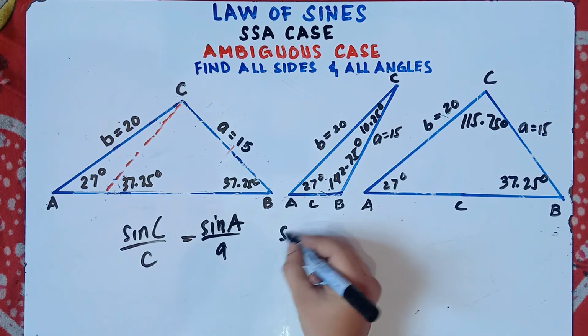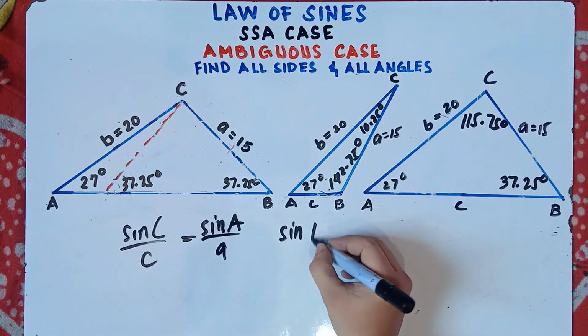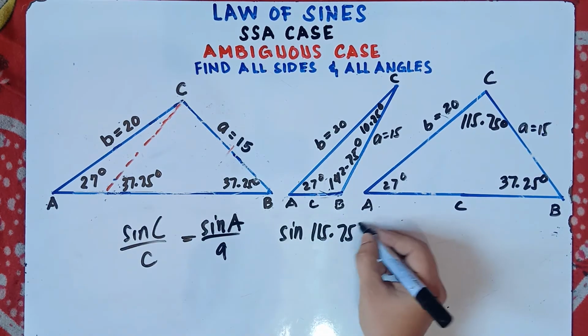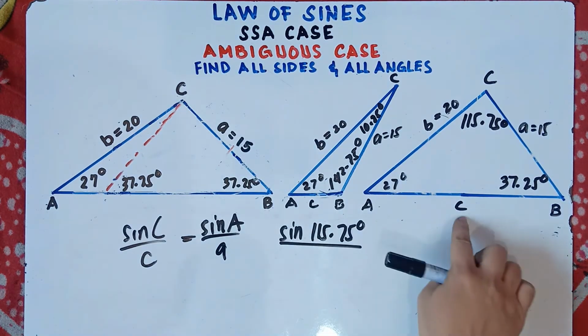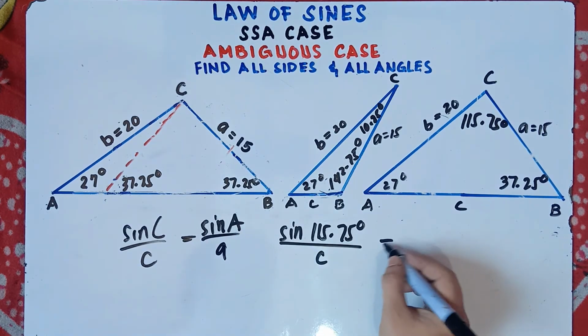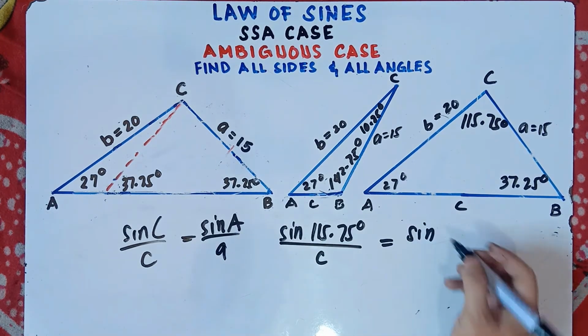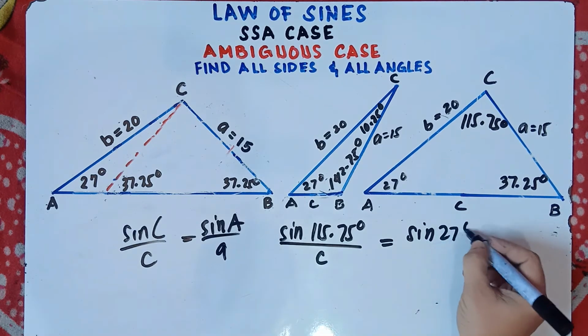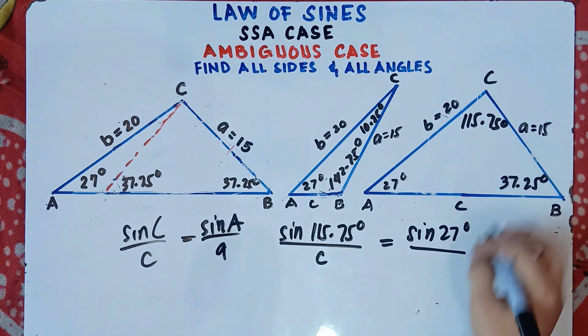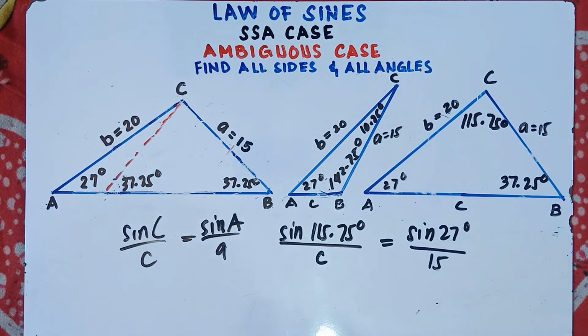So we have sine of angle C, that's 115.75 degrees, over side C, we're told to find C, equals sine of angle A, that's 27 degrees, over our small a, which is 15. So we can do cross multiplication.